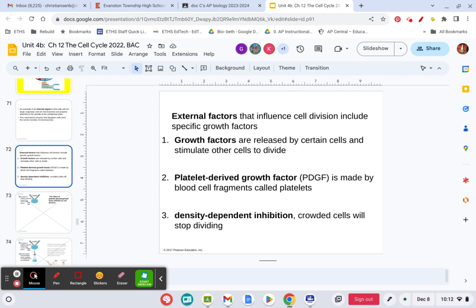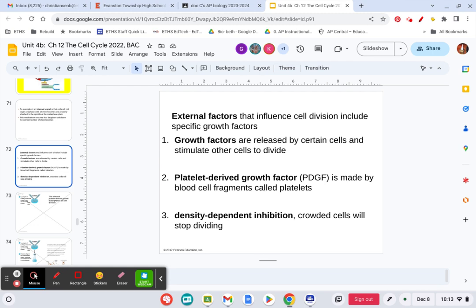There are lots and lots of different growth factors, and those can be released by certain cells to cause other cells to divide, saying, okay, you need to grow right now. It's the time in puberty where we're hitting a growth spurt, and we need to divide and grow and divide and grow. So growth factors would be released. There's something called human growth factor, for example, that gets released by cells to cause cell division to occur.